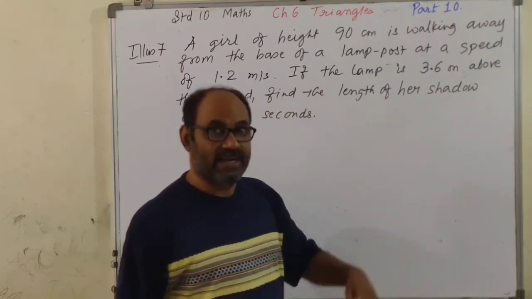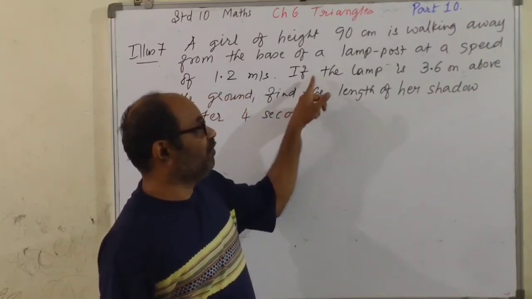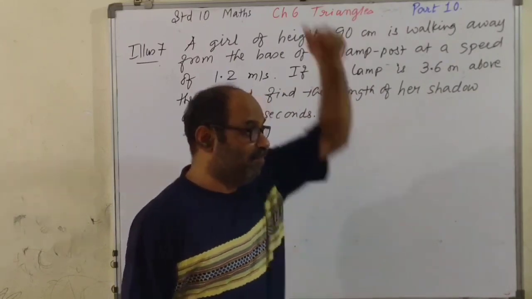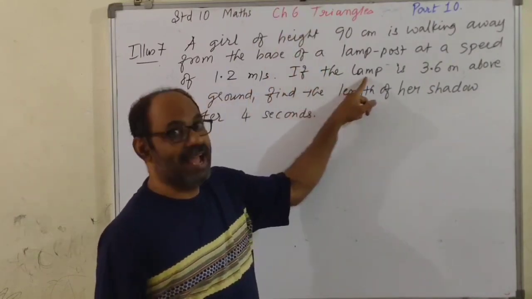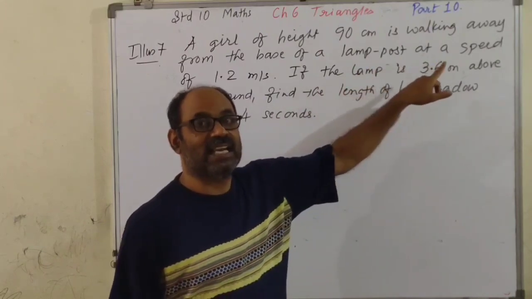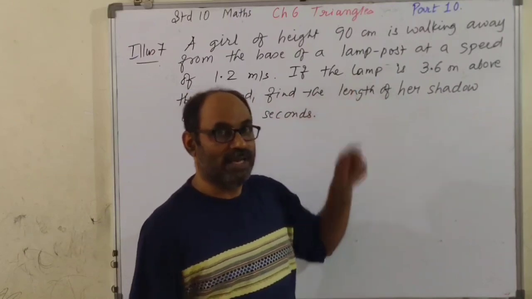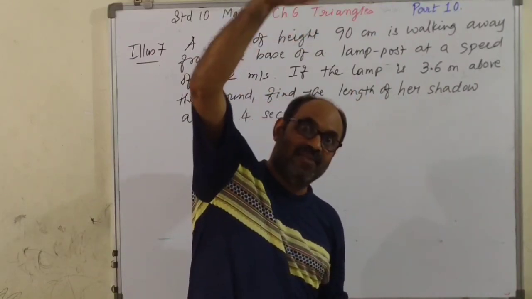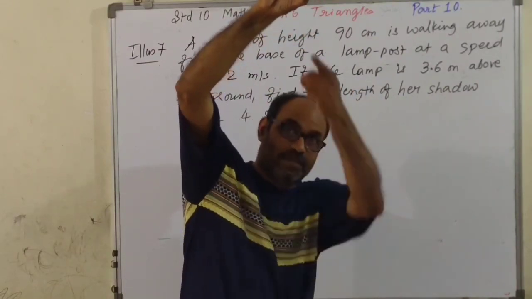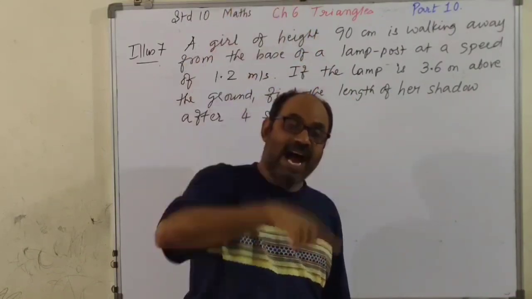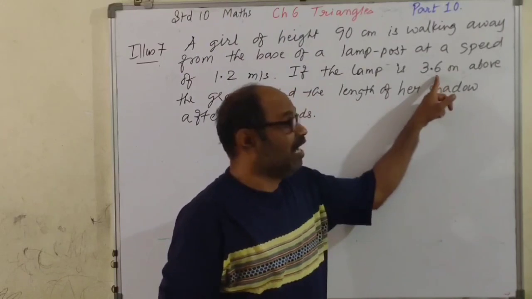Alright, she moves ahead. Okay. If the lamp is 3.6 meter above the ground. That means the height of the lamp post is 3.6 meter.